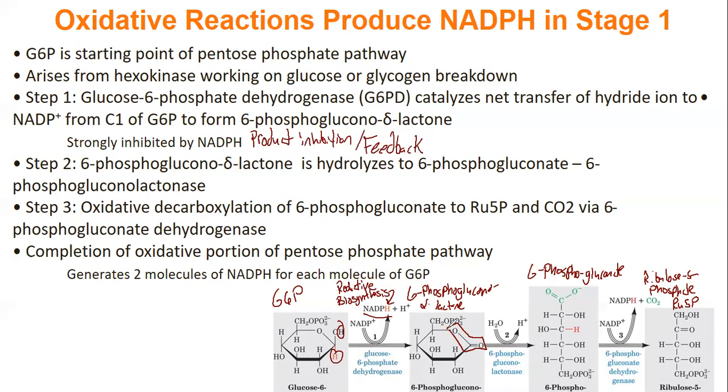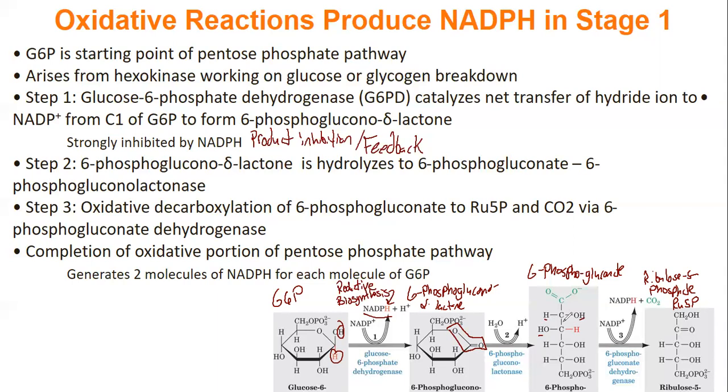So if we look at what we're doing here, we have this ring structure, and we have this double bond oxygen. So we're going to add an H to that oxygen. Actually, that's not the right one, but we're going to add an H to that oxygen and then an H to the carbon as well to form our 6-phosphogluconate.